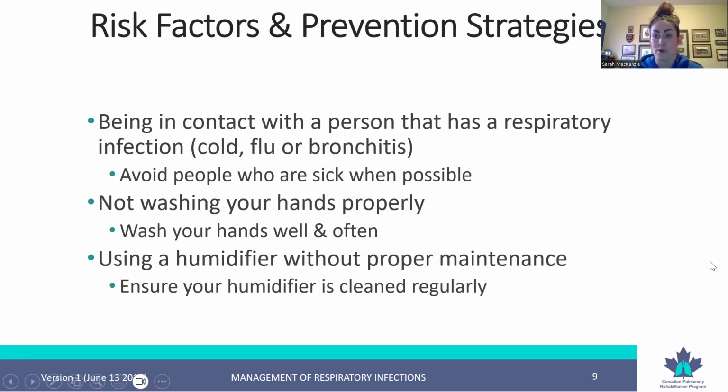Using a humidifier without proper maintenance. Ensure your humidifier is cleaned regularly. When I started teaching Breathe Easy, I saw this line and I thought, oh no, I have a humidifier beside my bed that runs all night. I changed the filter, but I don't know how clean it is. So I took a look in there.